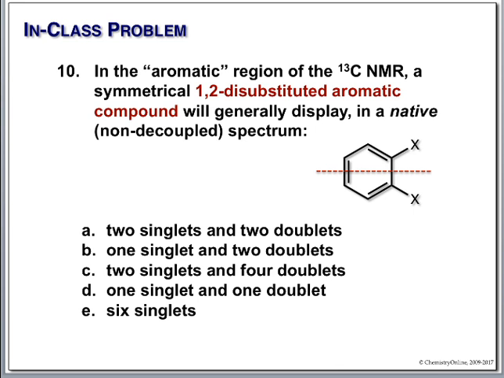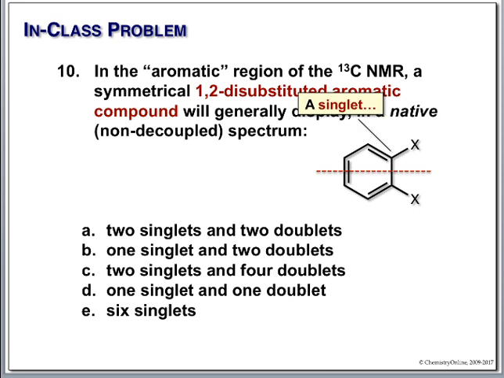Now remember, we're looking at the hydrogens that are attached to the carbons. Where the side chain is, where X is here, there are no hydrogens, so that's going to be a singlet. This is ortho to the attachment. It has one hydrogen, so that's a doublet. This guy, again, meta to this now, one hydrogen, it's a doublet.